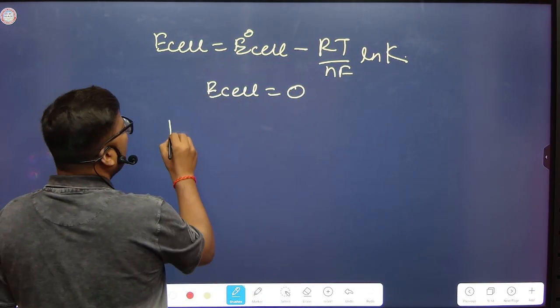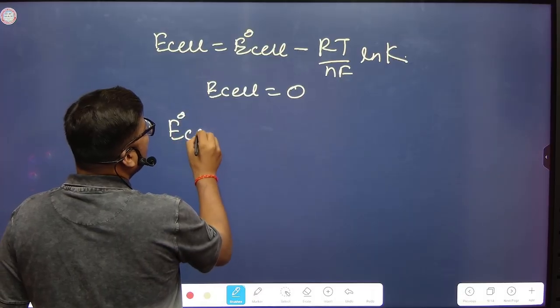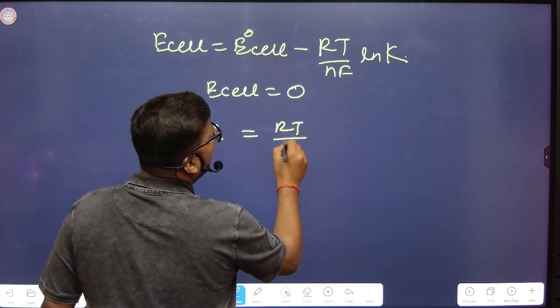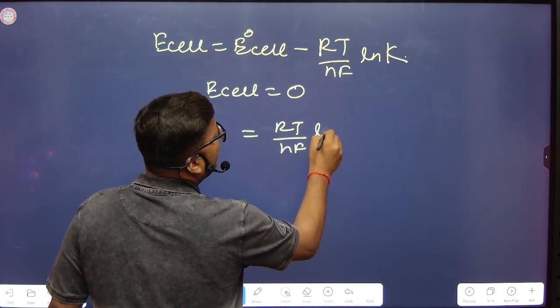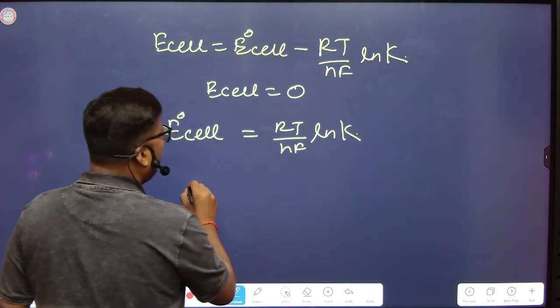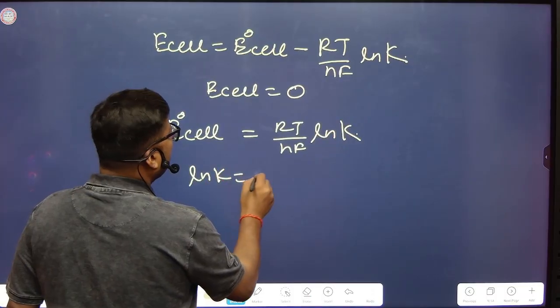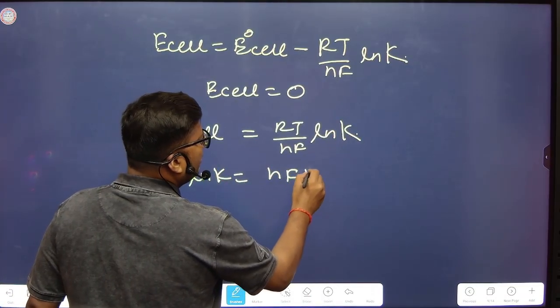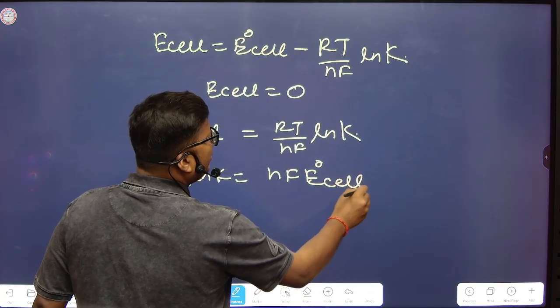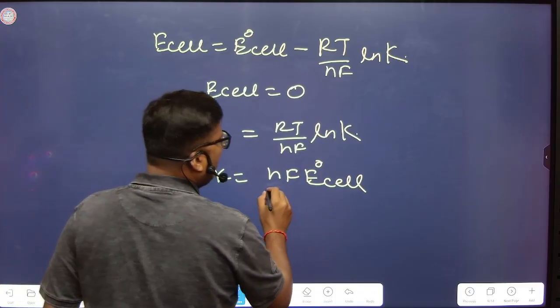Then E naught cell equals RT upon nF ln K, or ln K equals nF E naught cell upon RT.